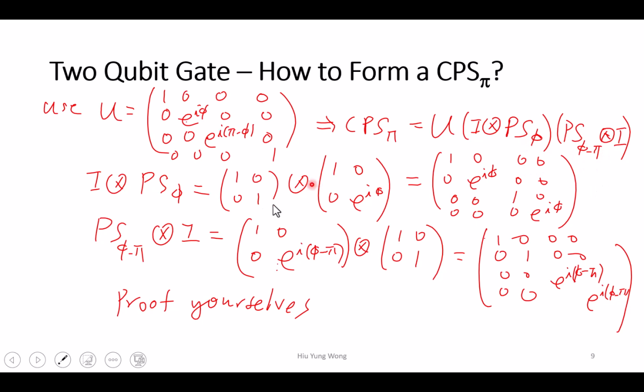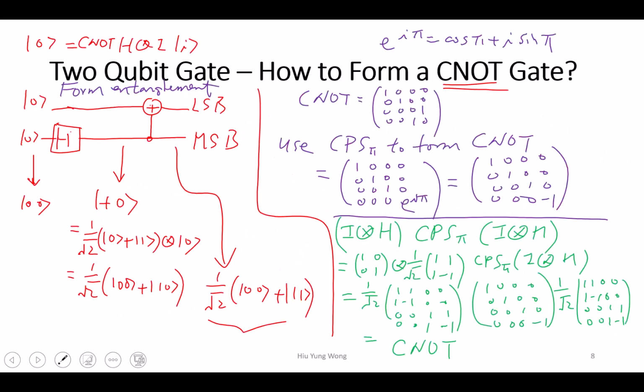And again, I went through the math to show you what is I tensor product phase shift pi, and what is phase shift phi minus pi tensor product I, and then you just multiply U times this term times this term, and you will get the control phase shift gate here, right?